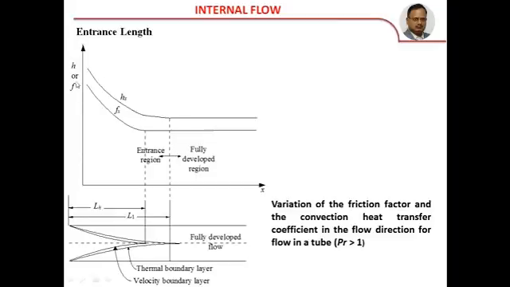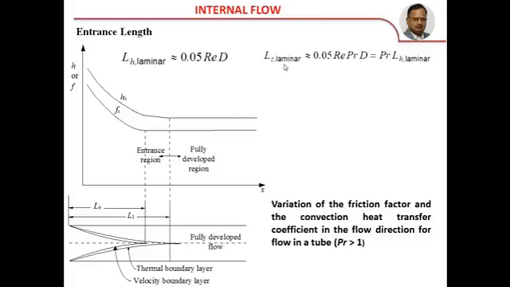The heat transfer coefficient, you can see, drops up to the fully developed region because the thickness of the boundary layer goes on increasing. Even the friction coefficient also. But once the flow is fully developed, in this region the H value or F value completely remains constant.